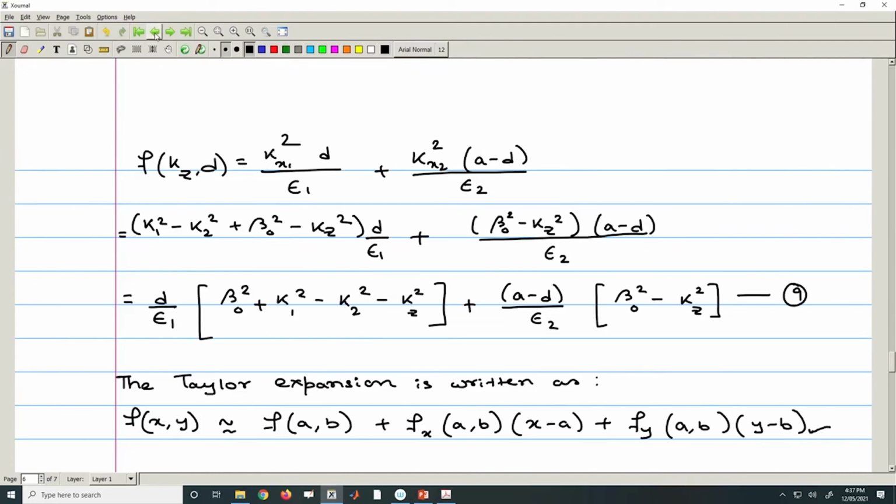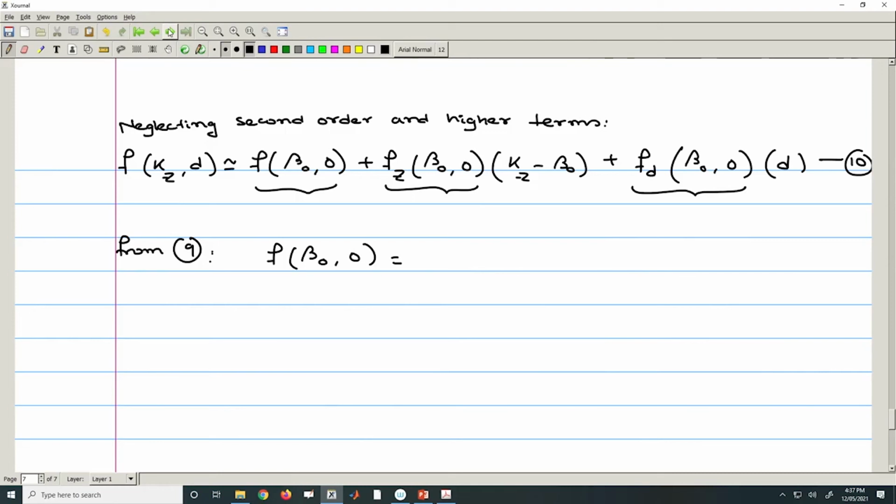So here we will substitute in place of k_z beta naught and in place of d we will substitute 0. While substituting d as 0, the first term is becoming 0, and when we substitute beta naught in place of k_z, the second term is also becoming 0. So, basically from 9 we can write f of beta naught comma 0 is 0. Okay. So, this is equation number 11.